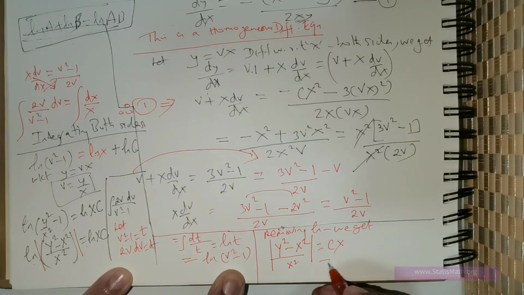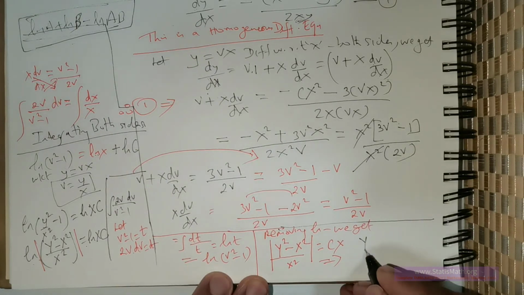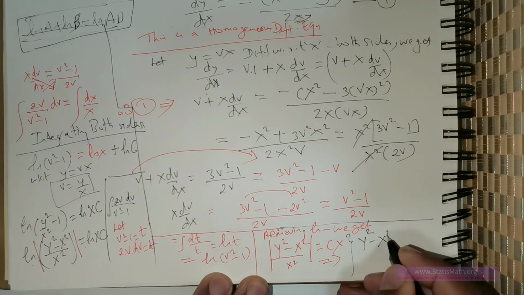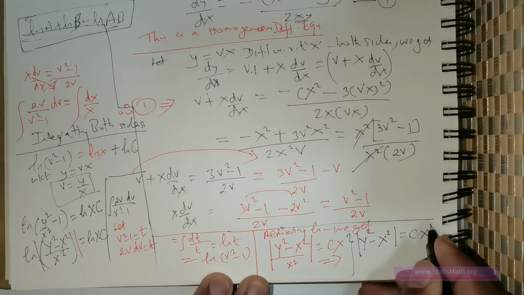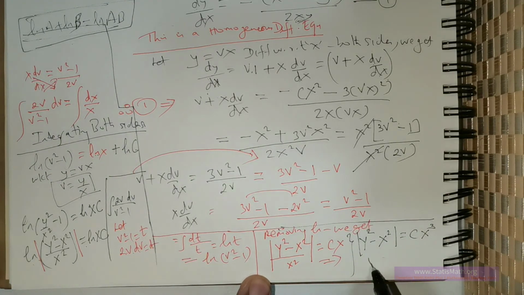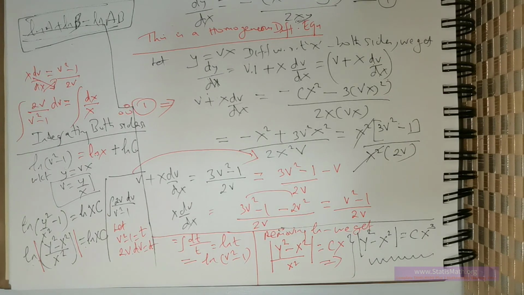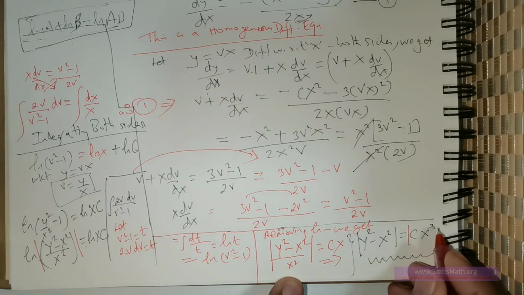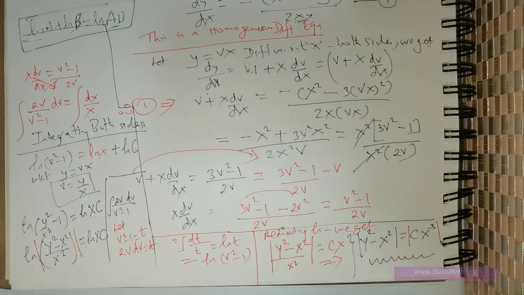Now you can take the x squared to the right side, and that would give you the modulus of (y squared minus x squared) is equal to c times x cubed. Okay, so this is the final answer to the question. However, you can just place the modulus just to maintain consistency. Okay, so that ends the question's answer.